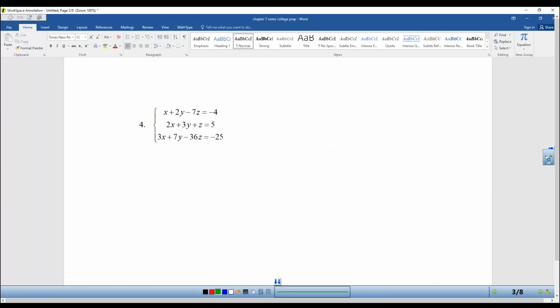Number 4. So again, I'm always going to start by labeling them A, B, C. I look for which variable I can get rid of the easiest. And I'm thinking it's going to be the x because I can use A to get rid of both B and C. So B is 2x plus 3y plus z is equal to 5.